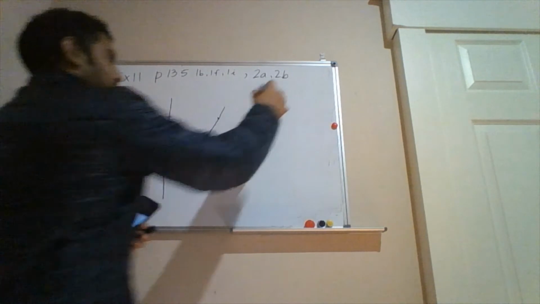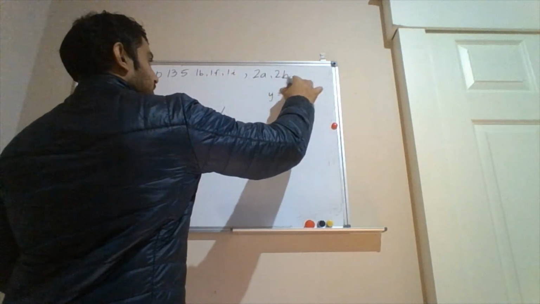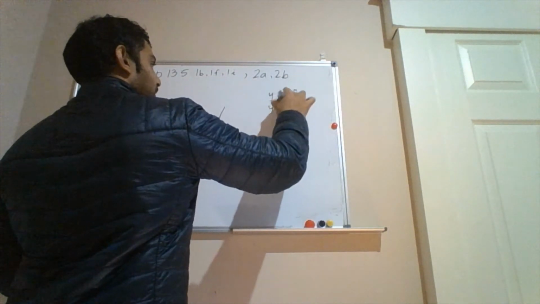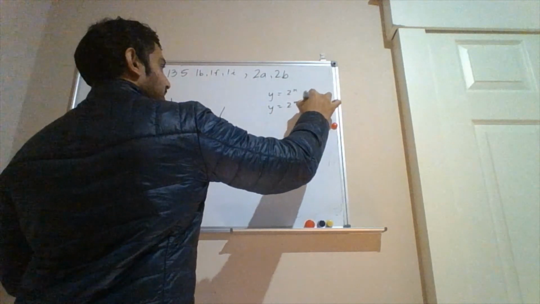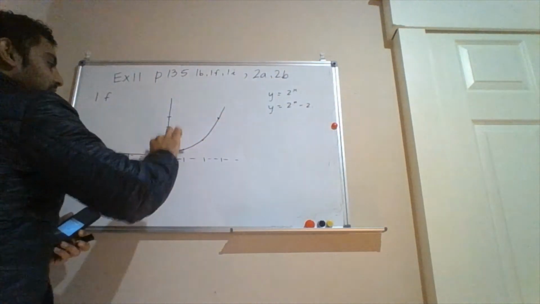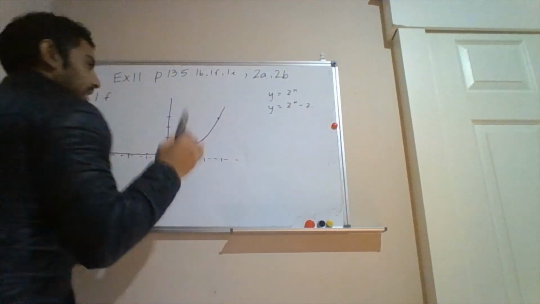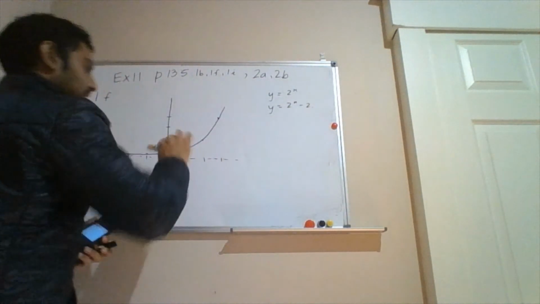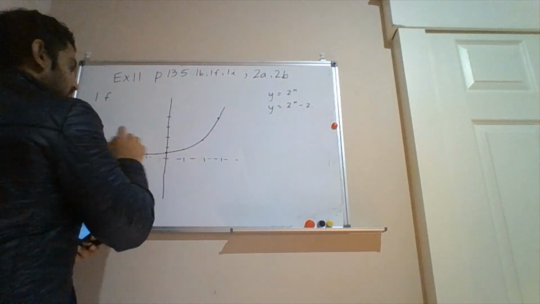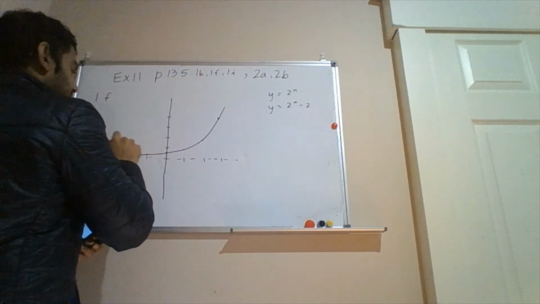Okay, so this was for the graph y equals 2 to the power of x, and for y equals 2 to the power of x minus 2, I'm going to shift the x-axis 2 up. So that corresponds to the y values decreasing by 2. So my new x-axis will be 2 up.